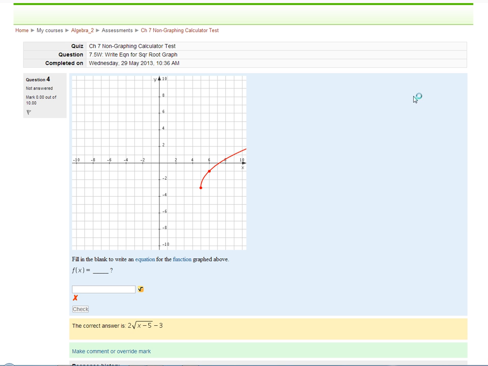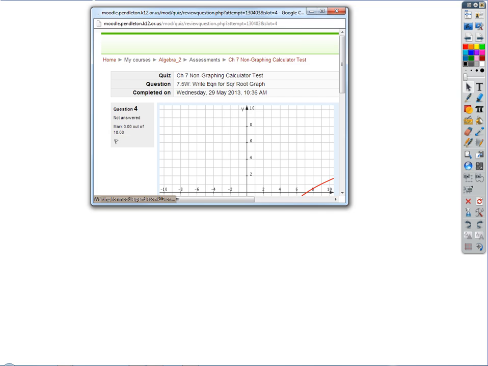Let's look at another one here real quick. Let's pick a cube root one. Okay, let's use that one.